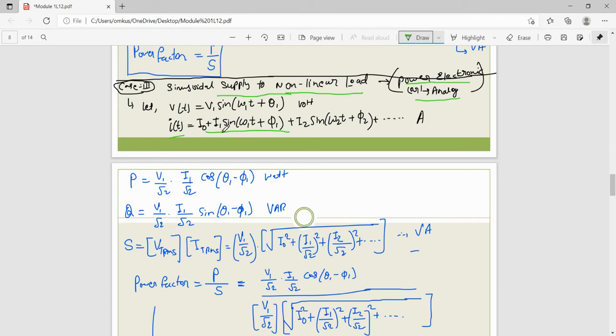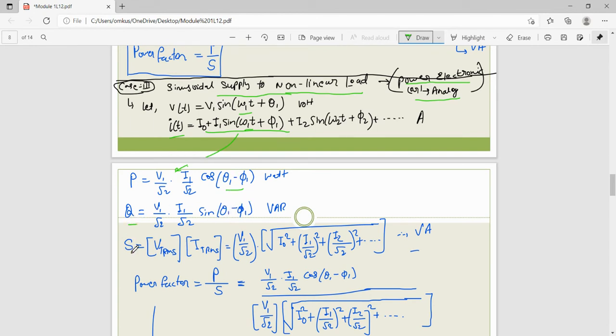Now when you find the active power, the frequency matching component is only this omega 1. So multiply these two factors only. That's why here we have V1 by root 2, I1 by root 2, cos of the difference between these two angles. When you find the reactive power, you get the same.